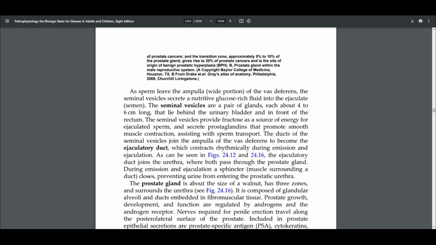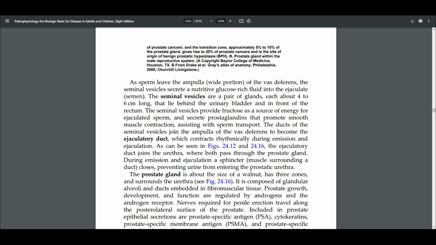Assisting with sperm transport, the ducts of the seminal vesicles join the ampulla of the vas deferens to become the ejaculatory duct, which contracts rhythmically during emission and ejaculation, as can be seen in Figures 24.12 and 24.16. The ejaculatory duct joins the urethra, where both pass through the prostate gland.